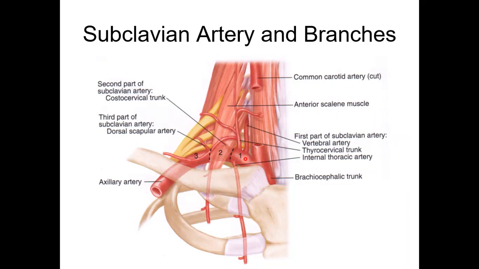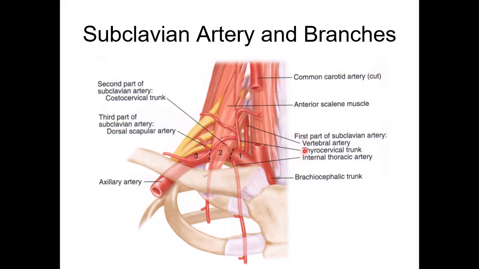Okay, I'm going to come up with another mnemonic for y'all, because when it's a lot of information like this, mnemonics are a great way to chunk the information. When I was learning the branches of the subclavian artery, we chunked the information with the mnemonic vitamins C and D. Vitamin stands for vertebral artery, internal thoracic artery, and the thyrocervical trunk.